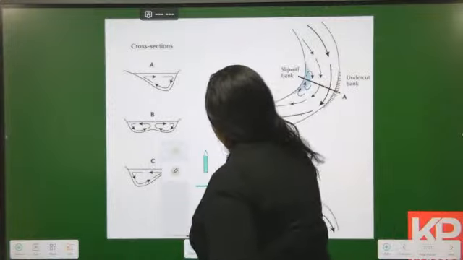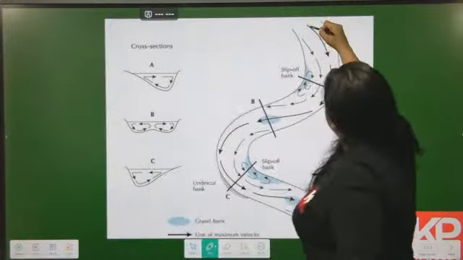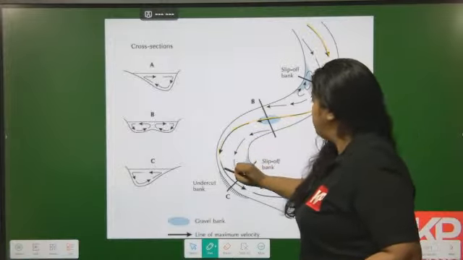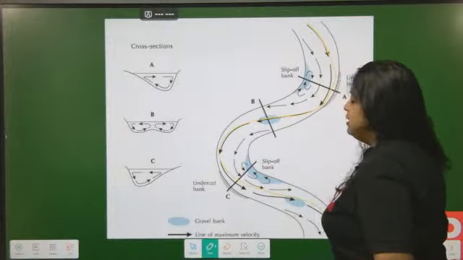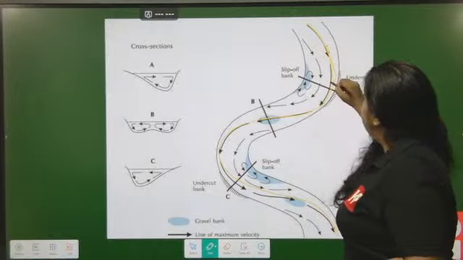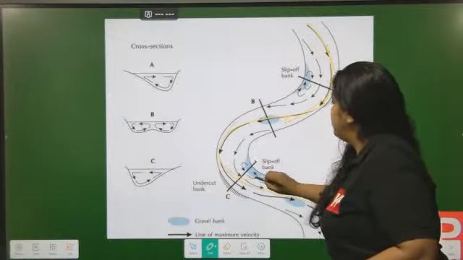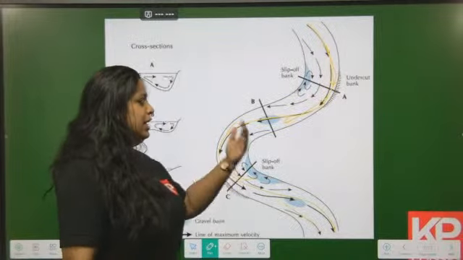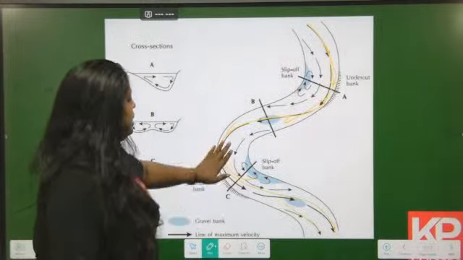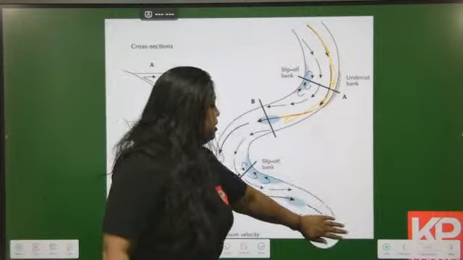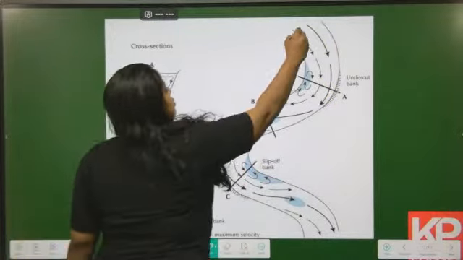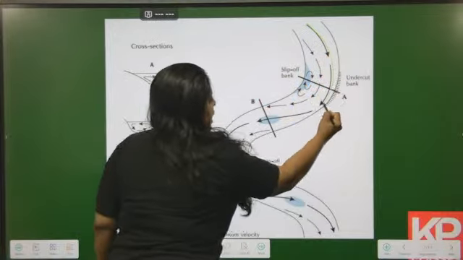So you look over here, water comes from here to this bank, then the water goes towards the other bank, then again it moves towards this side. Because of this helical movement of water inside the channel, it has this meandering shape.